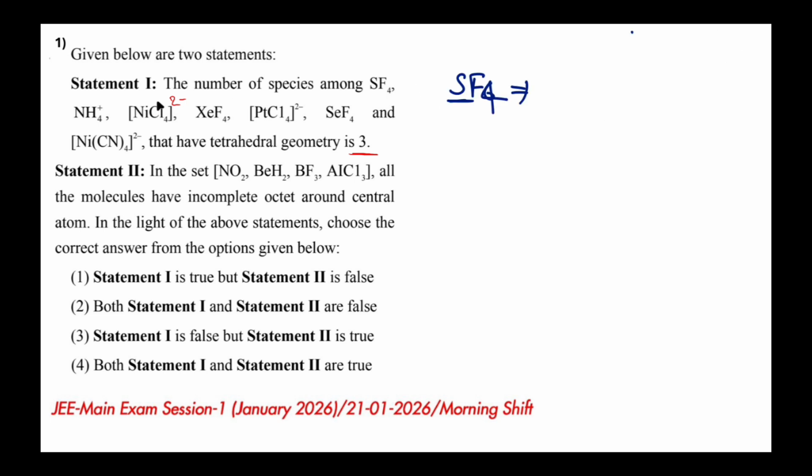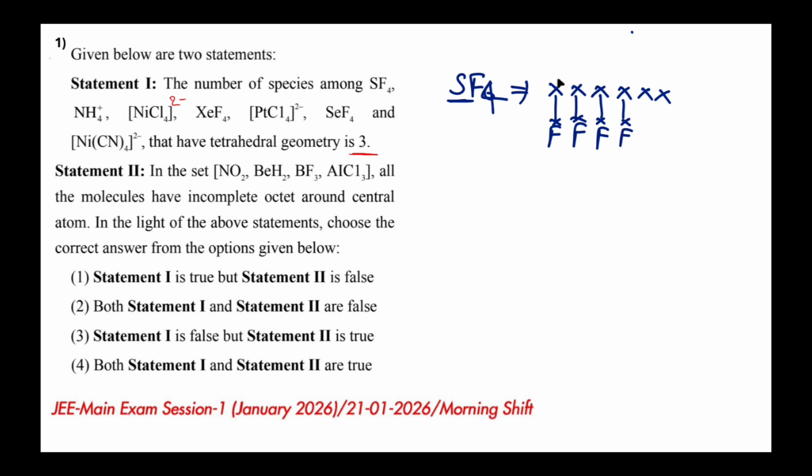See, according to statement 1, in the species SF4, the central atom is sulfur. Sulfur belongs to the 16th group, so the valence electrons in a sulfur atom are 6, equal to the group number. It is bonded with 4 fluorine atoms, and each fluorine contributes 1 electron.